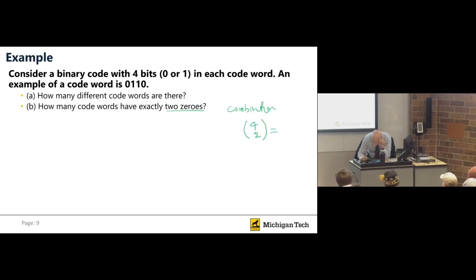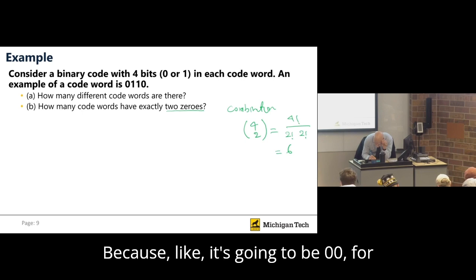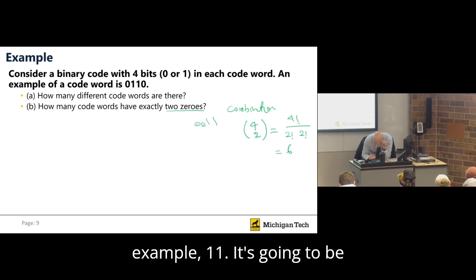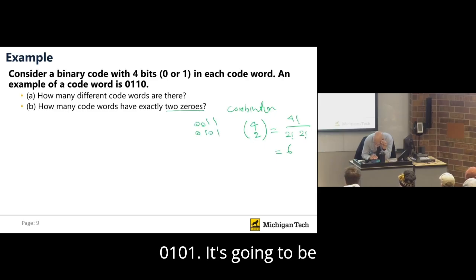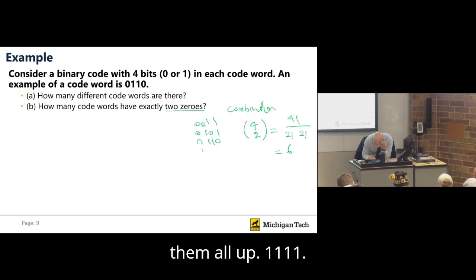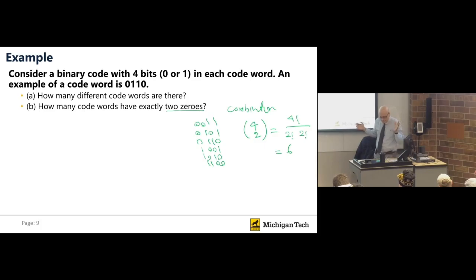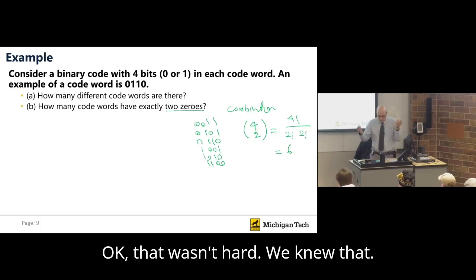It's going to be 6. Why? Because it's going to be 0, 0, 1, 1, for example, then 0, 1, 0, 1, then 0, 1, 1, 0, and I can write them all up: 1, 1, 0, 0, and so on. That's it. It's 6. That wasn't hard. We knew that.